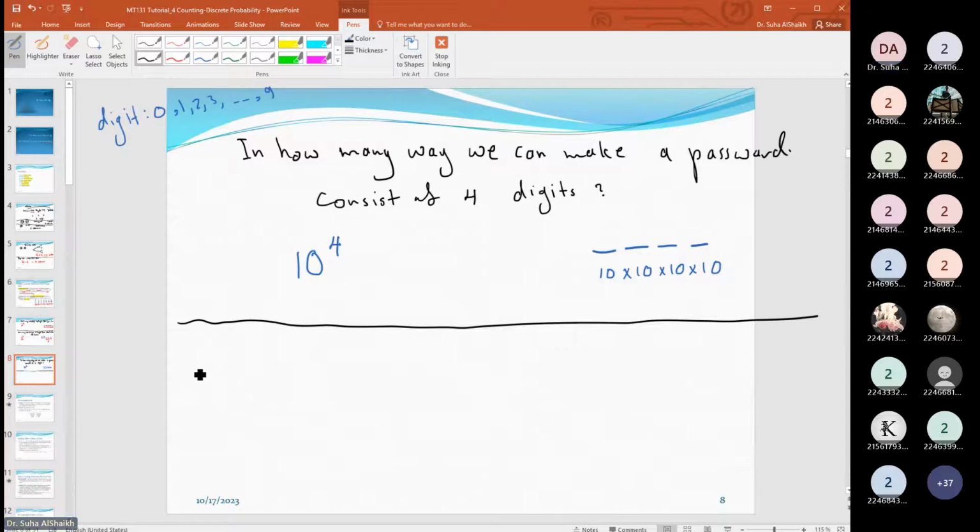Okay. Let me ask you the question in this way. And how many ways now can we make again, these 10 are the options that I have. Didn't I say I will put a digit, Lamia? Didn't I say I will put a digit in the empty places of the password? The word digit means numbers from 0 to 9.